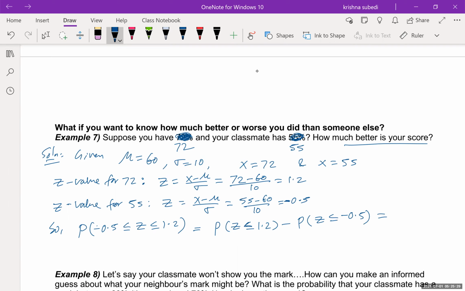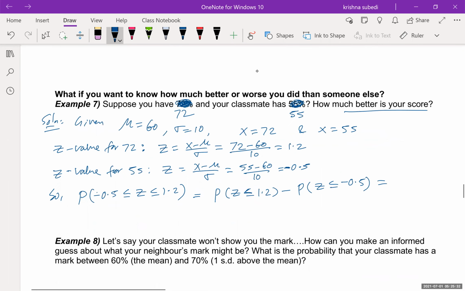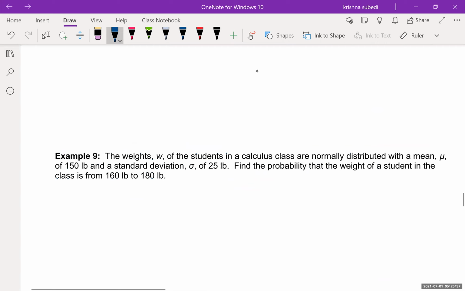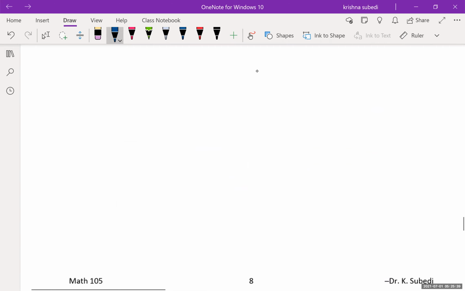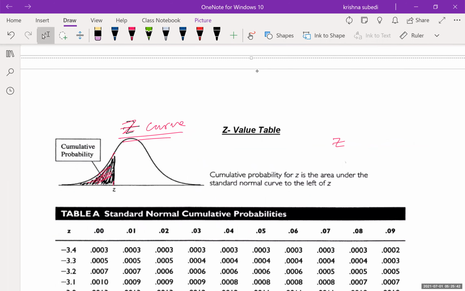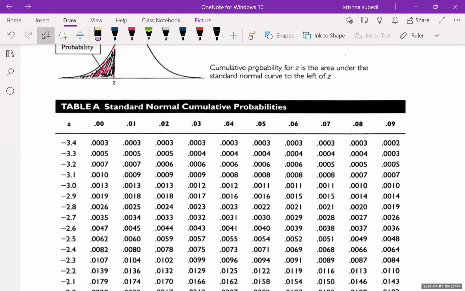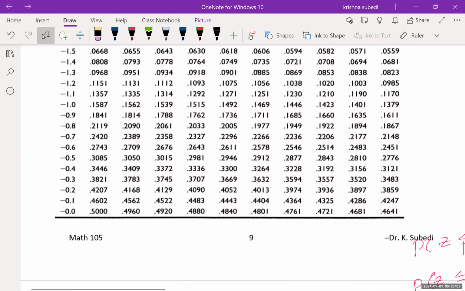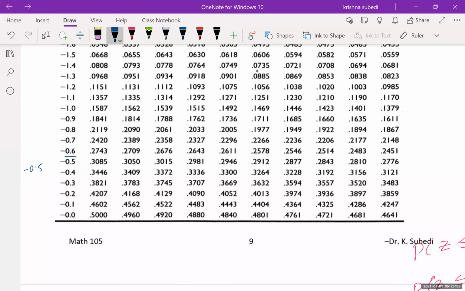1.2, go all the way down, and another is negative 0.5. Let's go all the way down. I know you guys already got the answer and have given it in the chat box, but I just want to do it by myself. One value that we are looking for is negative 0.5, which is right there. Negative 0.5 means negative 0.50, and this is the value. Okay, please remember this, 0.3085. That's one value we are looking for.